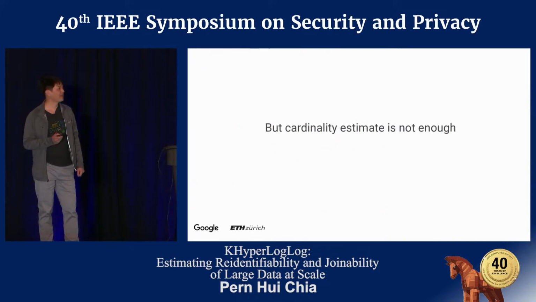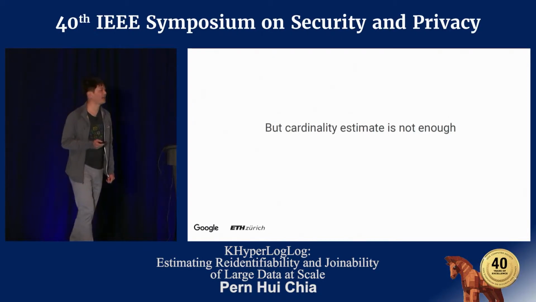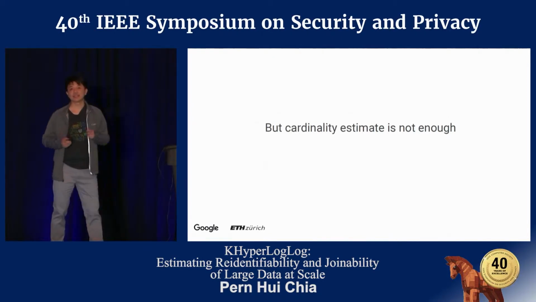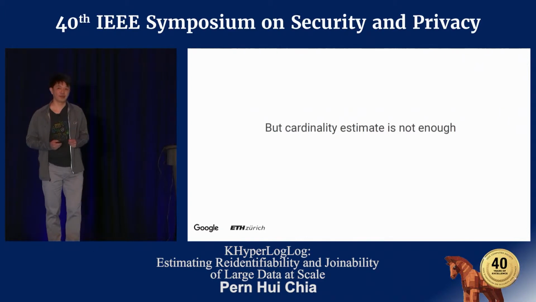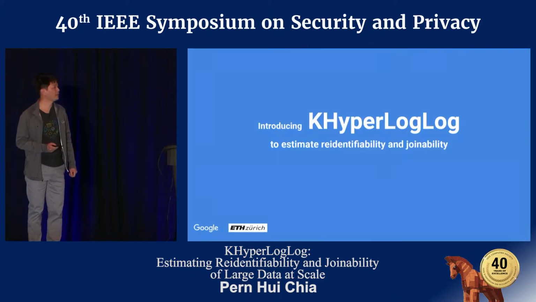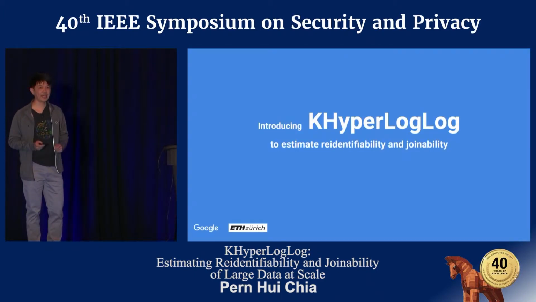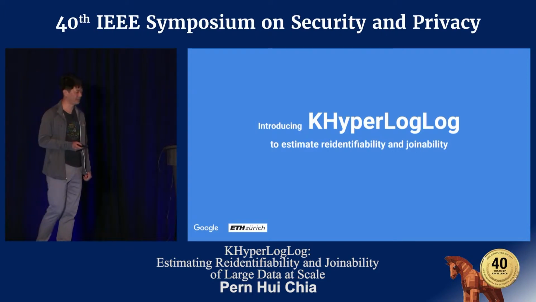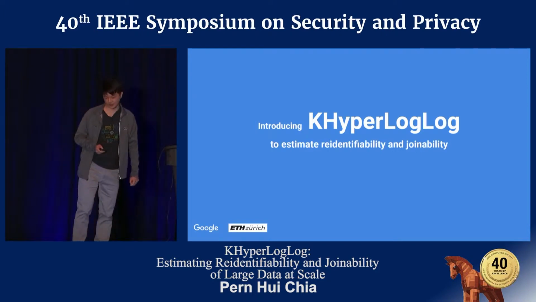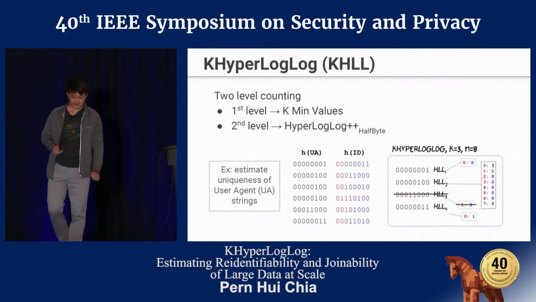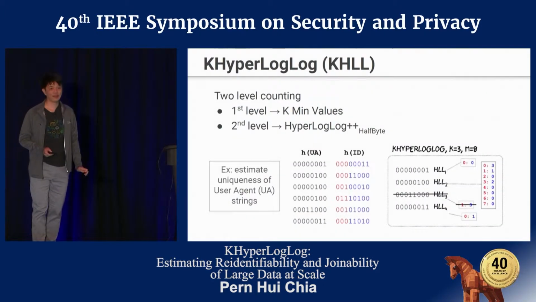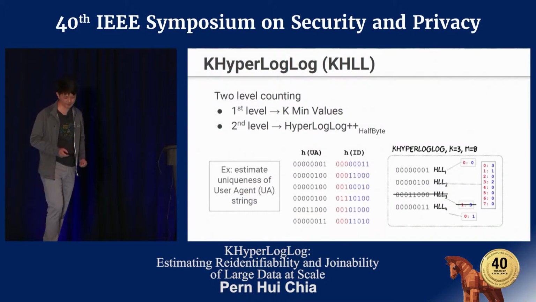I've talked about k-minimum values and HyperLogLog, but knowing the estimate of the number of unique values is not quite enough, and therefore we introduce KHyperLogLog to estimate the re-identifiability and joinability of data sets. KHyperLogLog is a two-level counting algorithm.